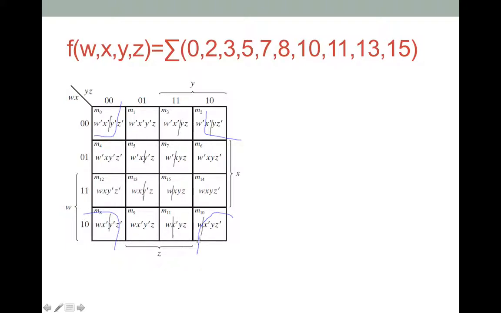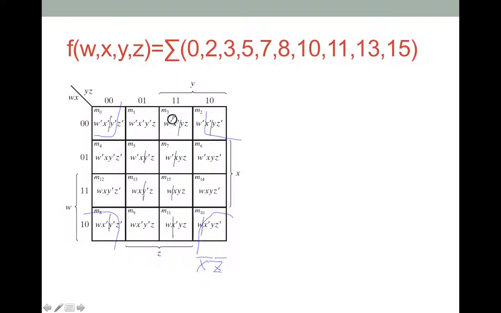And the expression for this is: horizontally, the y value changes but z remains, and vertically w changes, x does not change. So x naught and z naught is the expression for four corners.